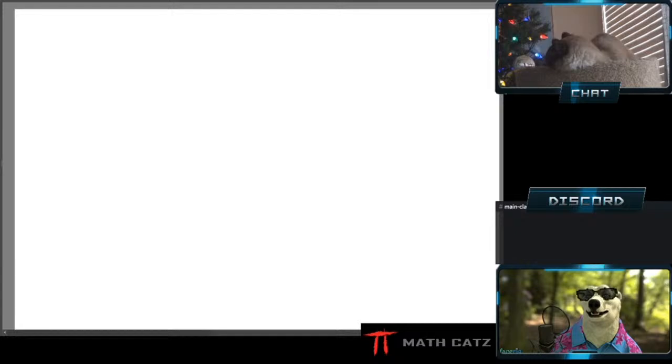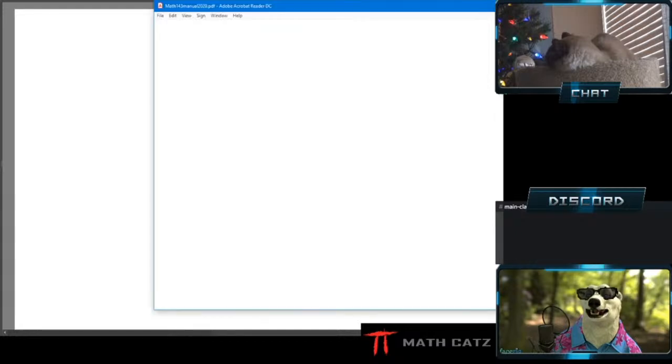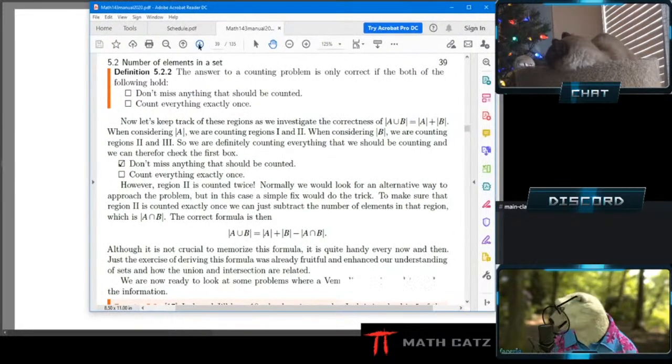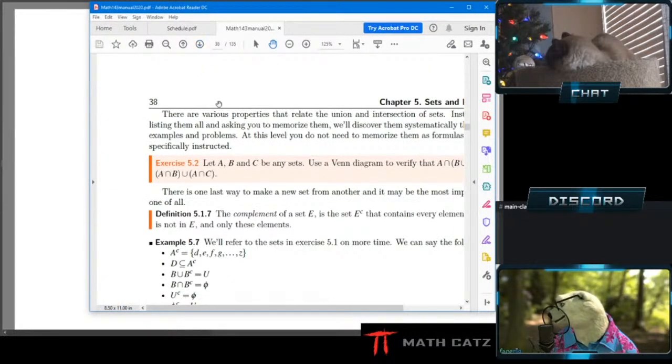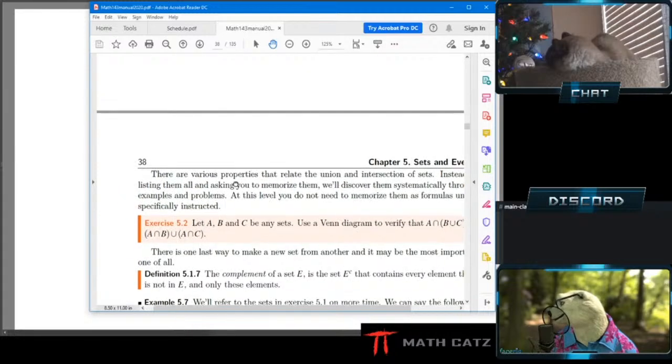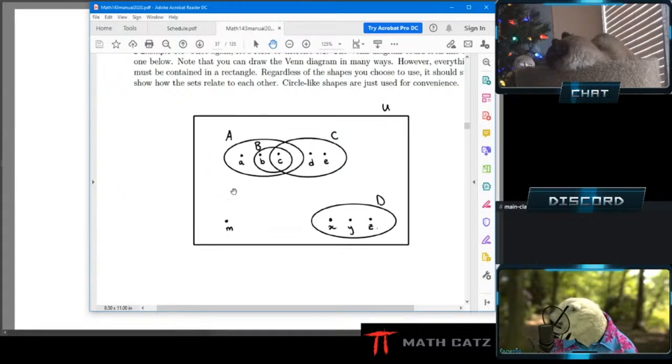Let's see where we're at. We have introduced sets and combined them with a union and an intersection, and we also looked at Venn diagrams. There we go, Venn diagrams.